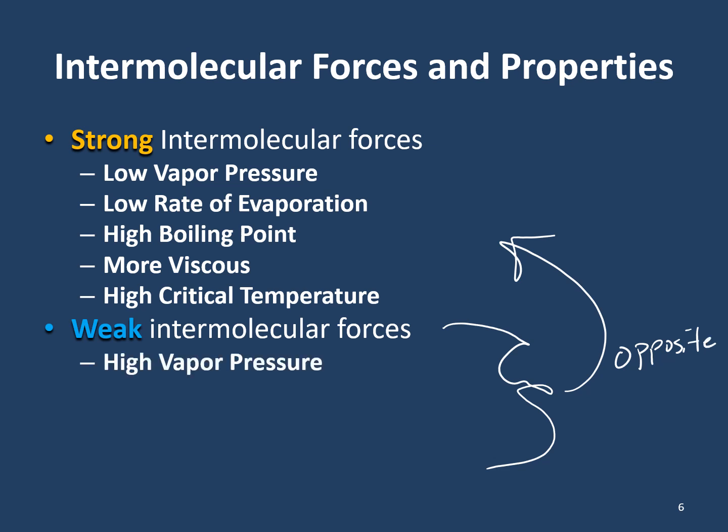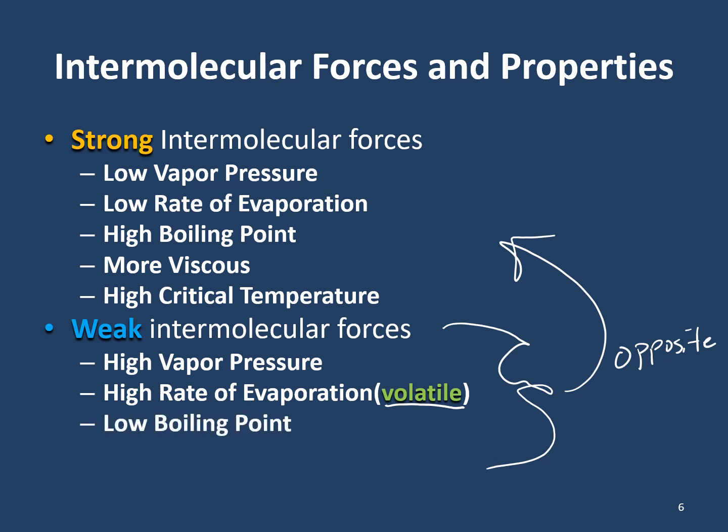Weak intermolecular force molecules are going to have higher vapor pressure and high rates of evaporation, which we'll talk about more, called volatile. Like gasoline's really volatile. If you've ever spilled it on the side of the car at the pump, it evaporates like that. They have low boiling points, are less viscous, and finally have lower critical temperatures.